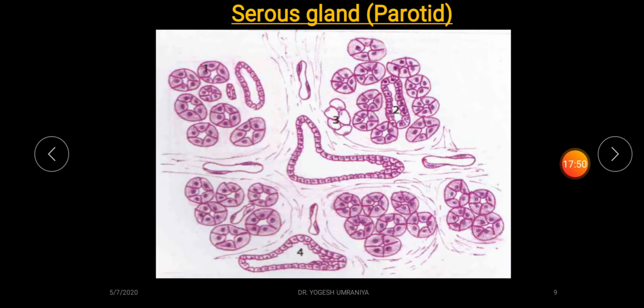In the next slide we are going to discuss the serous, mucous and mixed glands as far as their HE preparation is concerned. First we discuss the serous gland. In human, the example of the serous gland is the parotid.